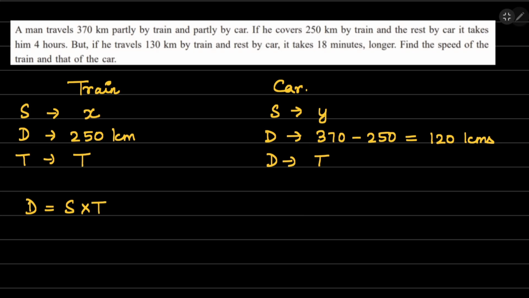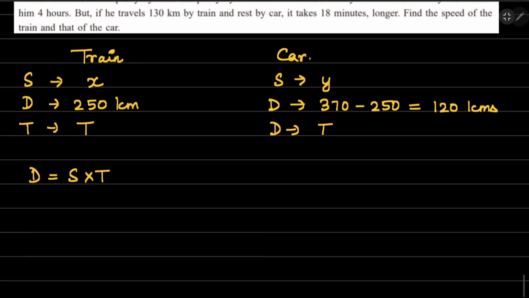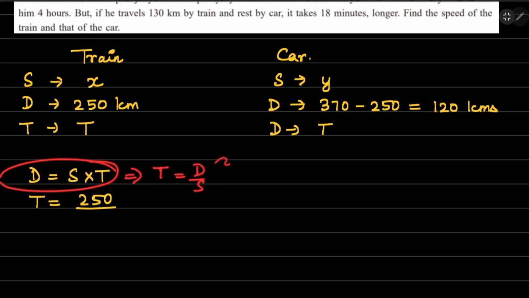So here what they are giving is, if he covers 250 kilometers by train and the rest by car, it takes him 4 hours. Totally it takes him 4 hours. So let us see what is the time taken for him to travel by train in this case. Time is nothing but distance by speed. From d equal to s into t, we can write t is equal to d by s.